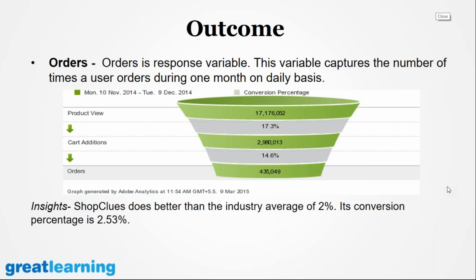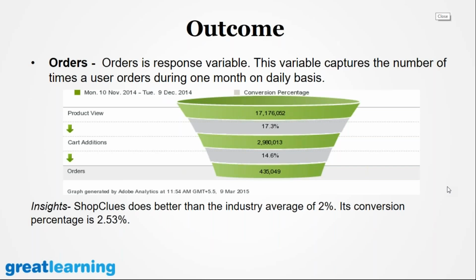Orders is a response variable. As I mentioned in the beginning, that's going to be a target variable. This variable captures the number of times a user orders during 1 month on a daily basis. Now, if you see this funnel, we had product views by 17 million people, cart additions by 2 million people, and orders by 435,000 people.